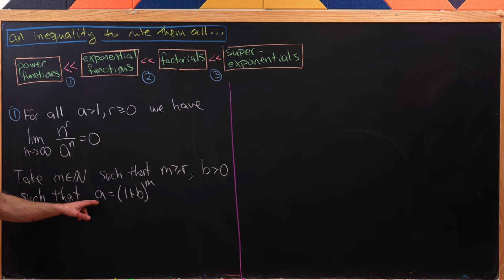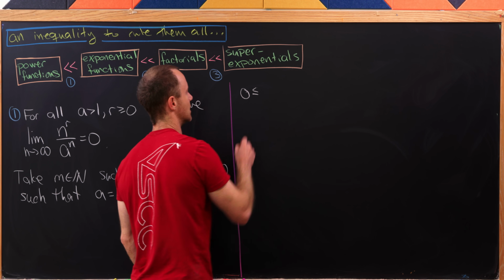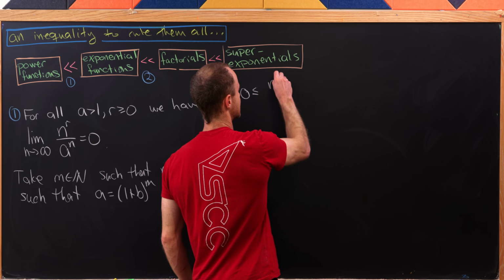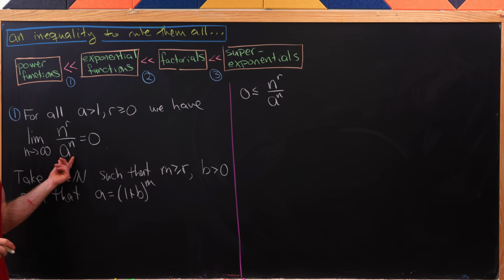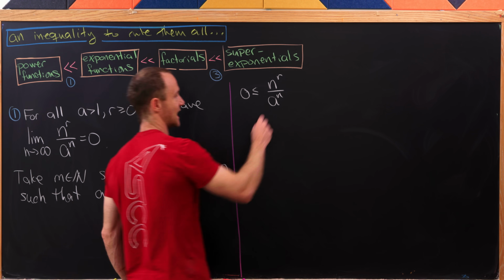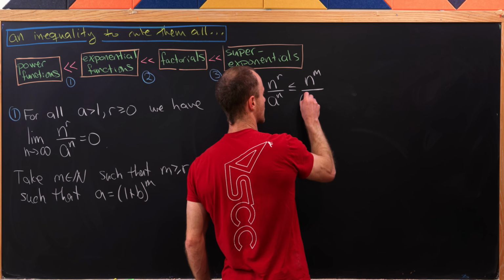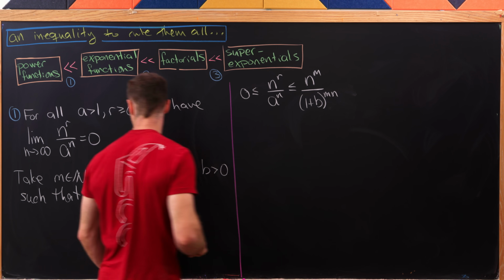Okay, so now that we've got this set up, I'm going to form a string of inequalities. Let's start down here at the bottom with 0. And 0 is going to be less than or equal to n to the r over a to the n. That's essentially the sequence that we're investigating here. But that's going to be less than or equal to n to the m over 1 plus b to the m times n.